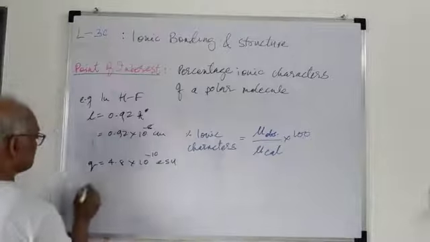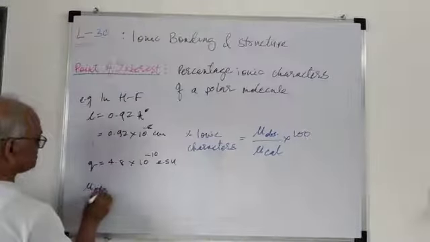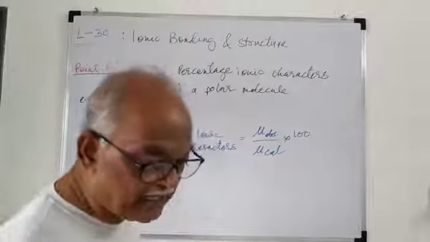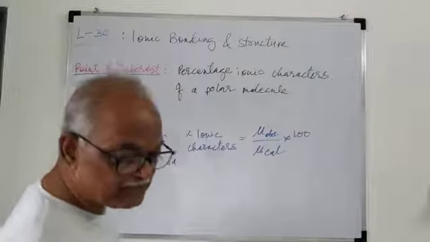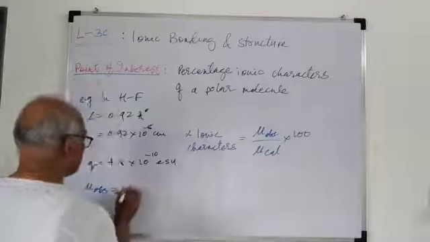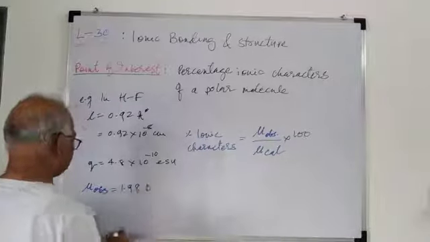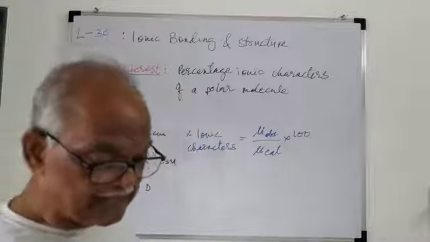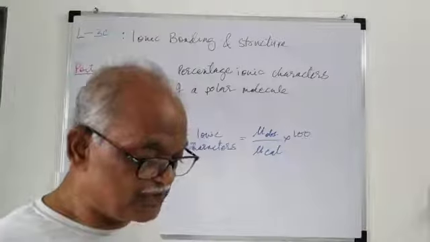The observed value of mu is given as 1.98 D, and we have to find out the percentage ionic characters from this.